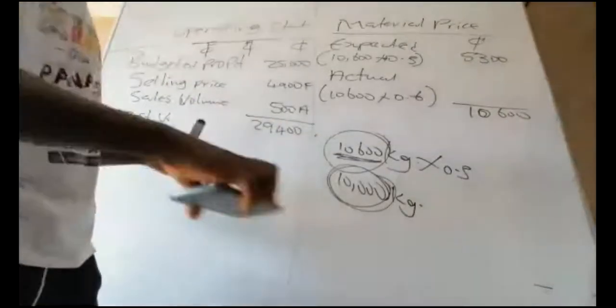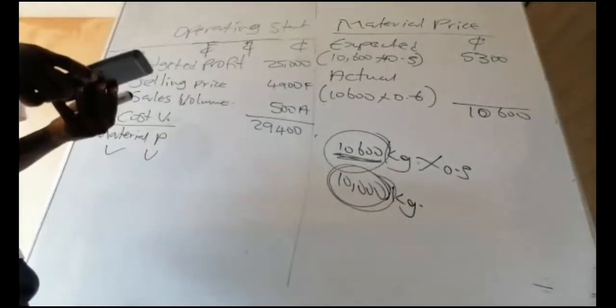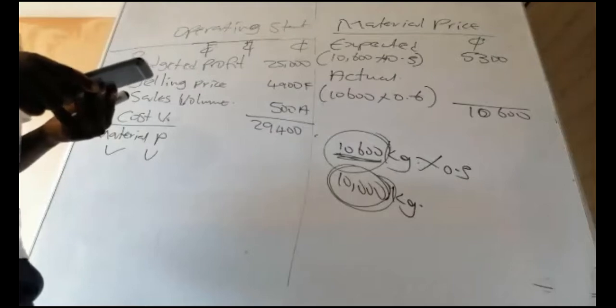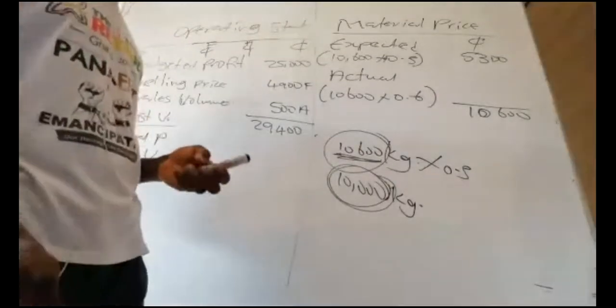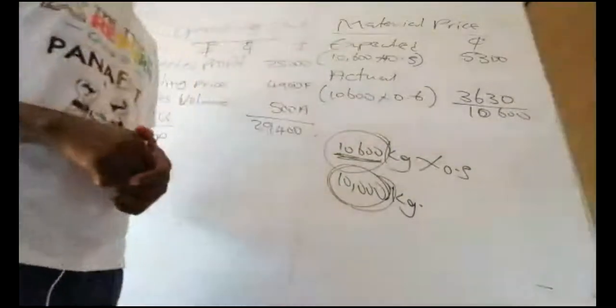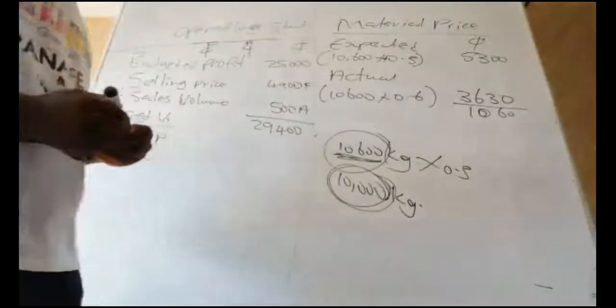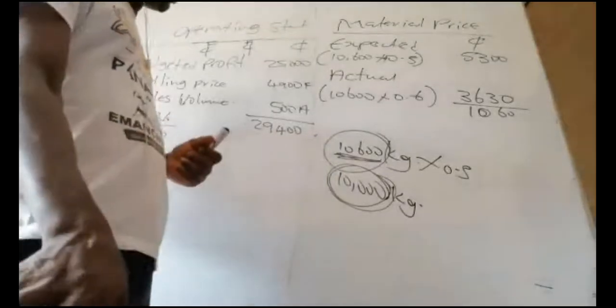Good. So here, how do we get that? Yes. Good. So 10,600 by 0.6, that will give us 6,360. So what do you do?